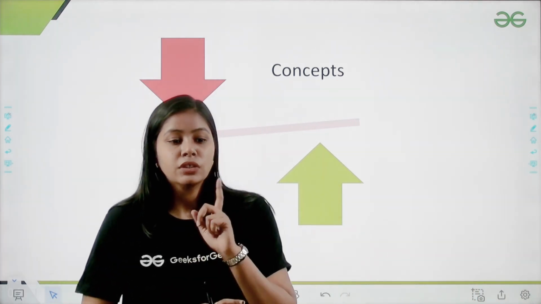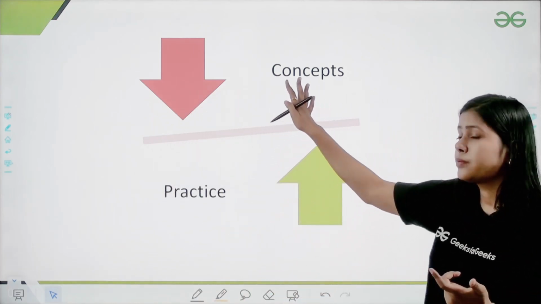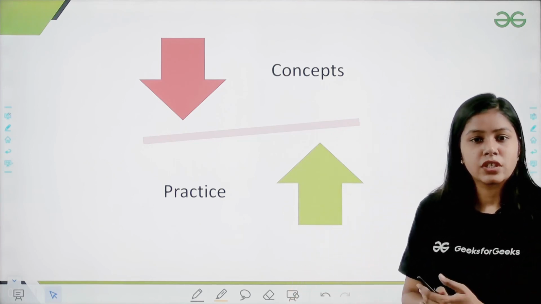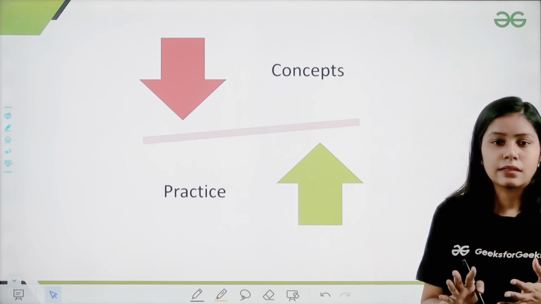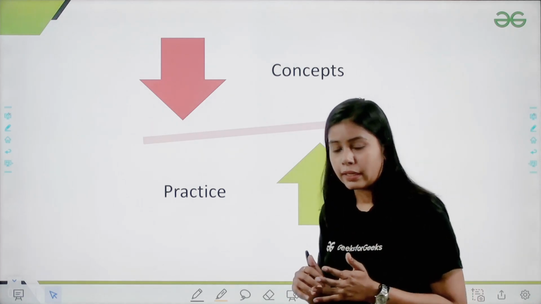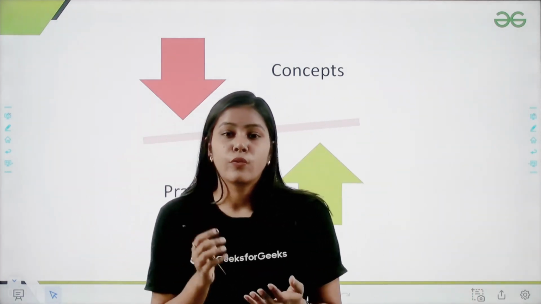Okay, so the most important thing here is concepts and practice, right? Because what happens is students learn all the concepts but do not apply them in questions, so they do not attempt the questions in the exam, right? So concept and practice should be balanced while preparing. So what pattern should you follow for getting a good score and a good rank?